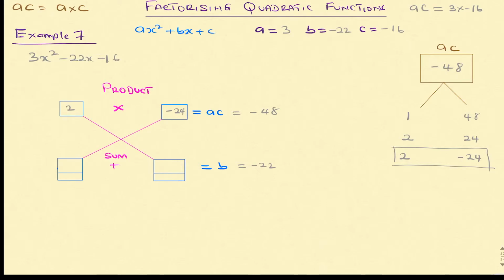In the bottom box numerator we put 2 and minus 24. We need to divide the bottom box by a, and a equals 3 in this case, so it'll be 2 over 3 and minus 24 over 3.